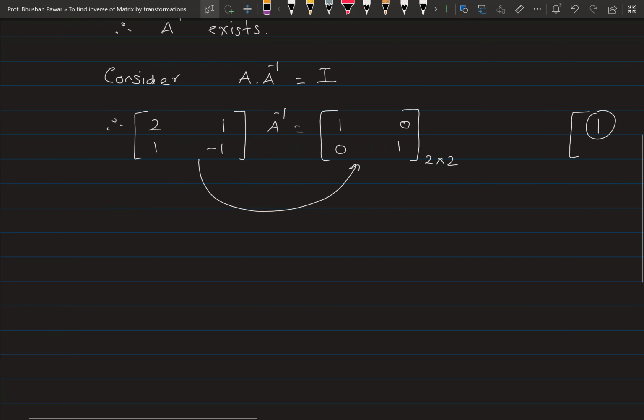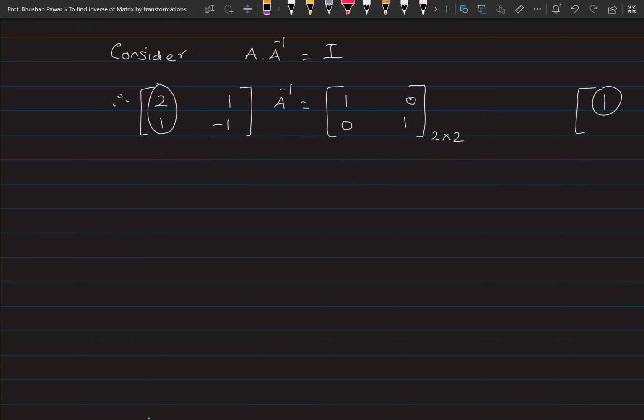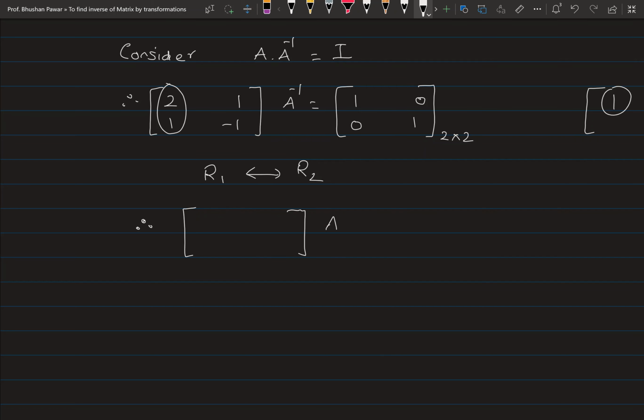Now looking at the question, we have 2 and 1. We want 1 in the first row, but it is actually in the second row. So we can apply the operation R1 interchange R2. Because of this operation, row 1 and row 2 will be interchanged on both sides.